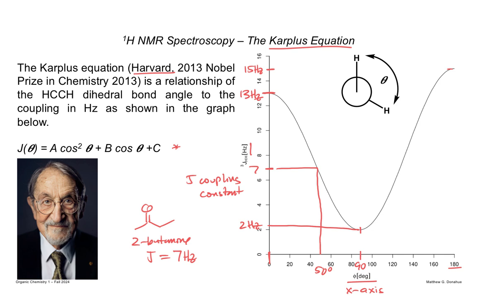And so that's not exactly the 60 we would expect, but keep in mind that as that C3 to C4 sigma bond rotates, we're getting an average of all of those angles, and that gives us an average coupling constant.